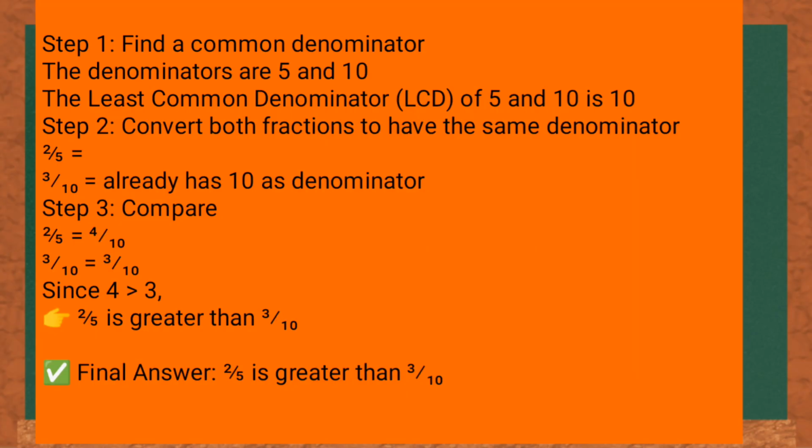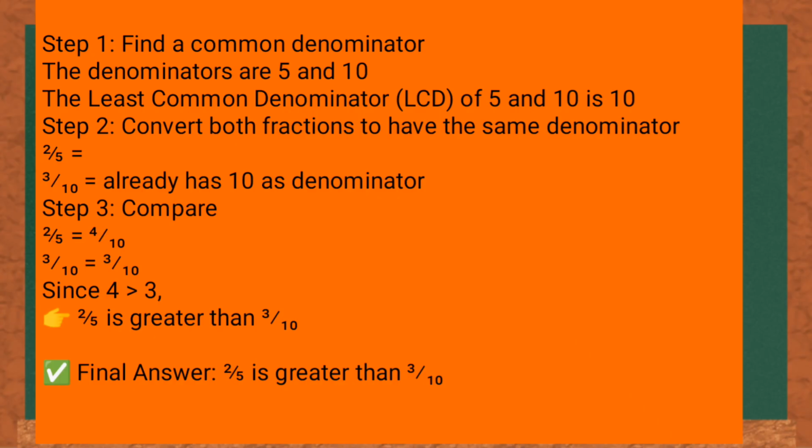Step 1. Find a common denominator. The denominators of 5 and 10. The common denominator of this number is 10. Then convert these fractions to have the same denominator, which is 2 over 5 and 3 over 10, which already has 10 as denominators. Step 3.